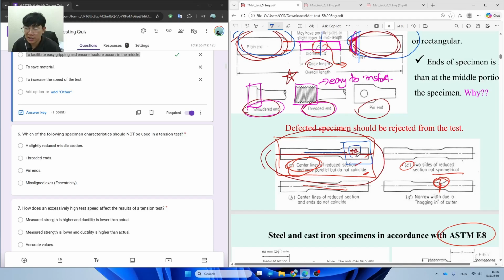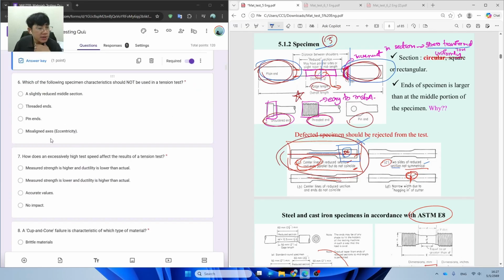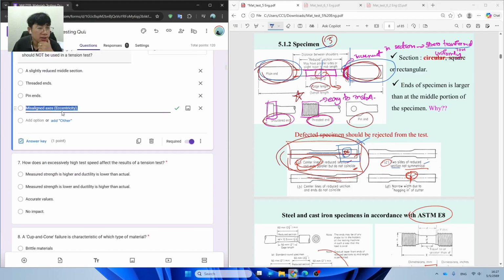So this produces eccentricity, which when we pull it is going to make the stress larger than what we want it to be. Okay, so this is not good practice. Some other defects are not being uniformly aligned, having two-side reduction of the section, or not being symmetrical, and the last one has some defects at the end of the sample. So in question number 6, we need to pick the misaligned axis as the eccentricity.